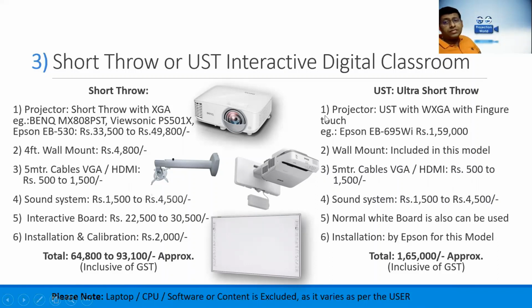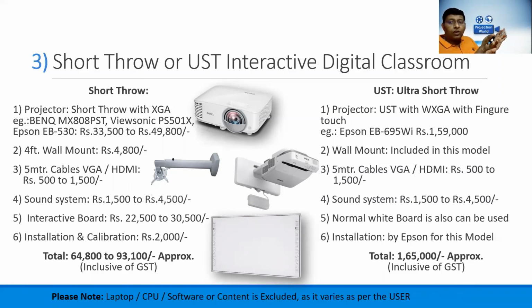Then we will see UST. UST, the full form, is ultra short throw projectors. In UST, I have chosen one model. This is Epson EB695WI. The pricing is approx 1,59,000. The advantage is that you can convert any white wall you have, or a white board or a white surface, into an interactive projection, an interactive display basically.